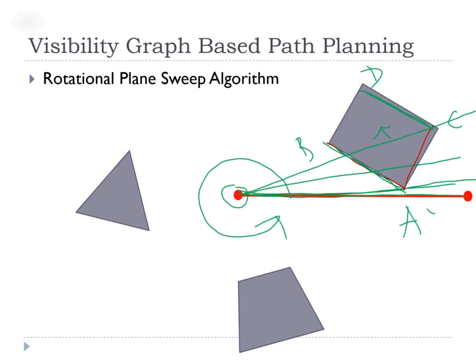So for example, this vertex B is a visible vertex from the current location. You also have found out that this is a visible vertex.